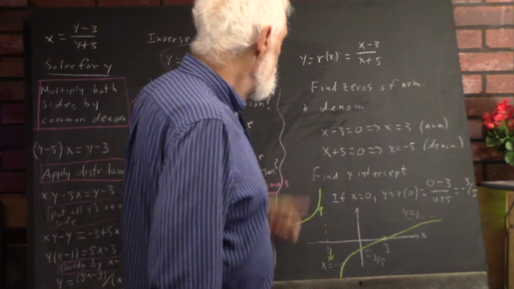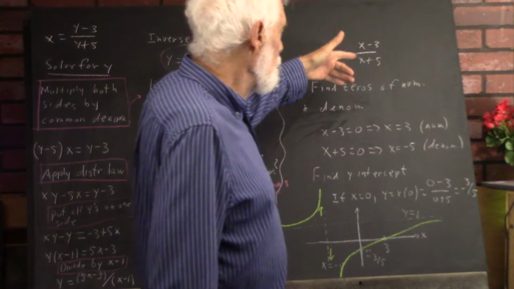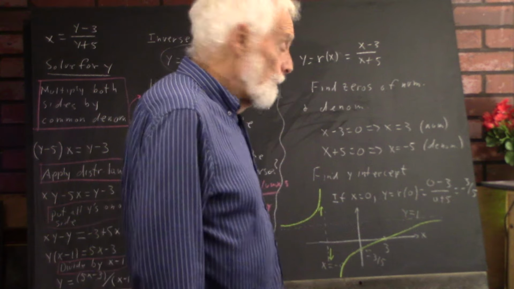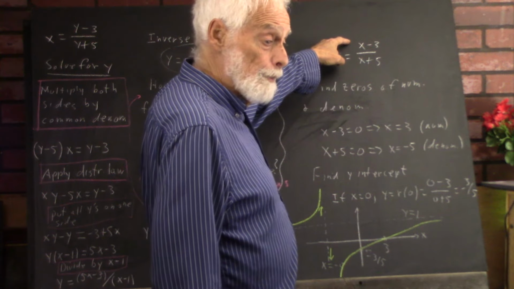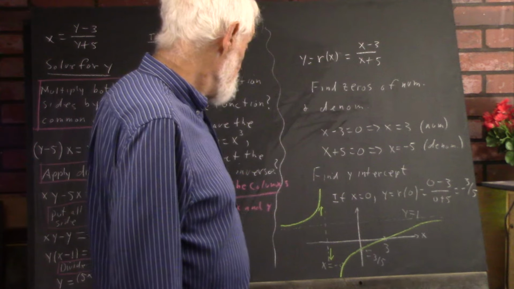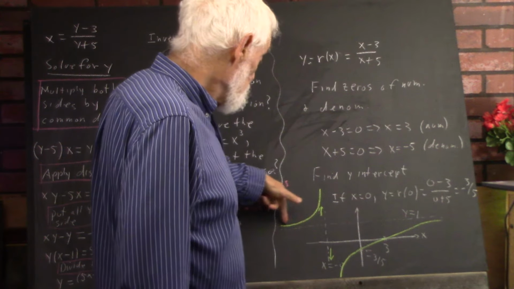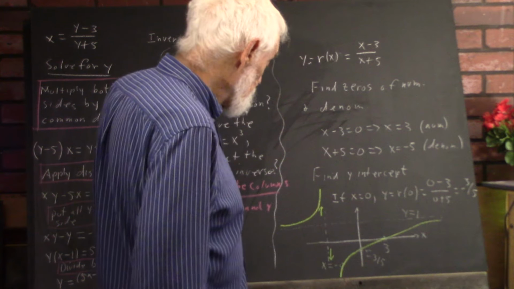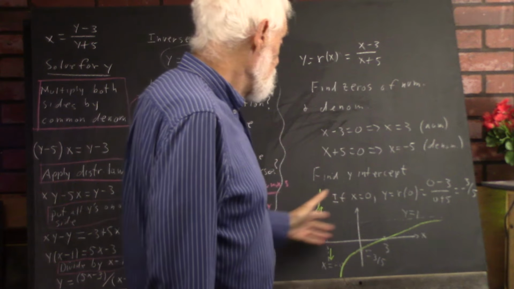If x is a large negative number, then the magnitude of the denominator is less than the magnitude of the numerator, and you're going to get a number that's a little bigger than 1. So you're going to approach through numbers a little bigger than 1 for large negative values of x. So there's the graph.